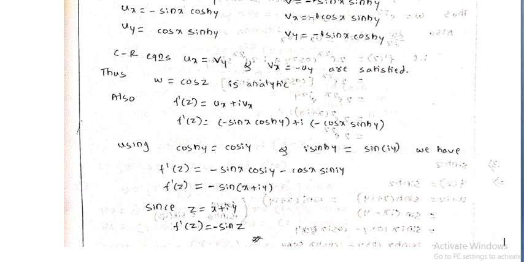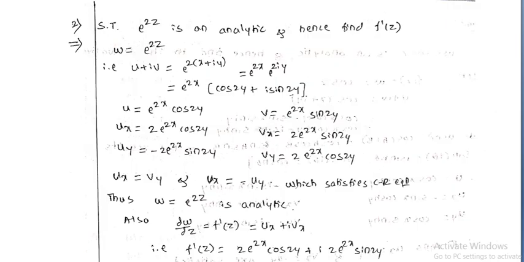If you take the minus sign as common, it becomes sin x cos iy plus cos x sin iy, which is nothing but the sin a plus b formula, that is sin of x plus iy. And we know that z denotes x plus iy, therefore our f dash z function is minus sin z, which is the required solution.